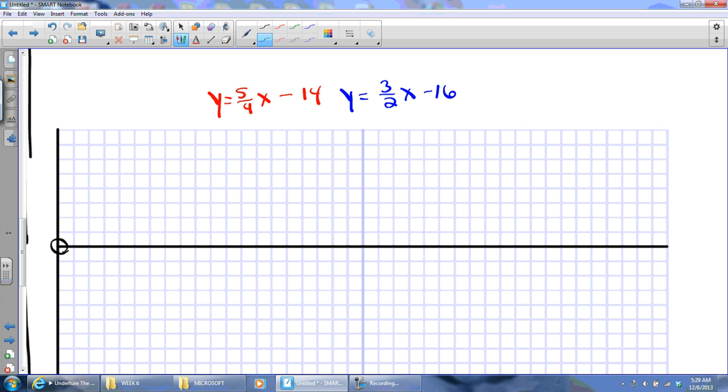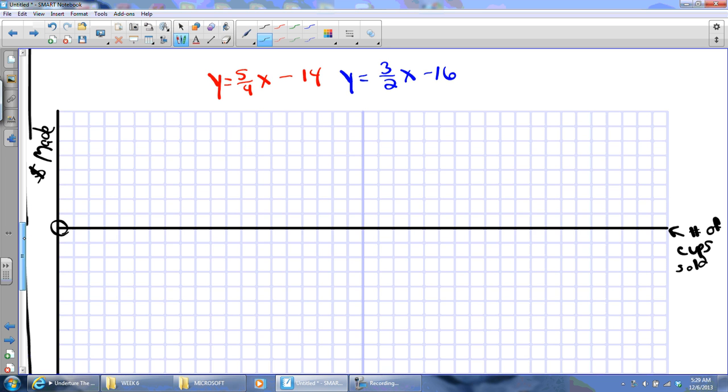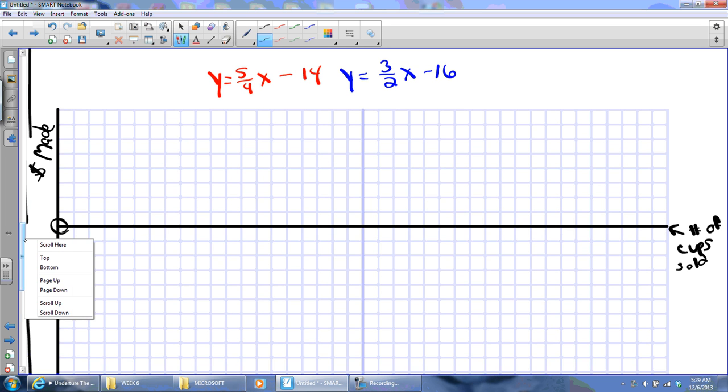Okay, this axis is my money made. And this, of course, again, is the number of cups sold. So let me find Sheila. I think I'm going to try to count by ones in this one. I think it'll be easier.